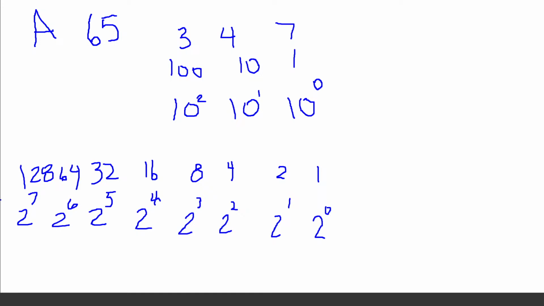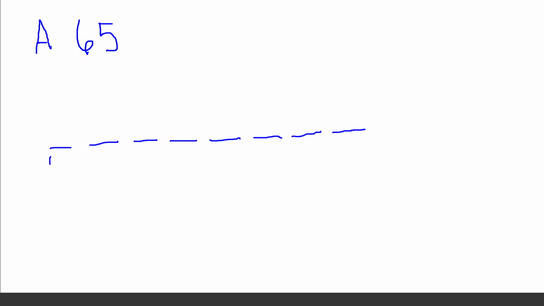So we have this A up here, this A that is 65. Whenever I'm doing my binary conversion, I usually go from left to right. So I'll start in the 128's place and say, is 65 minus 128 a positive number?